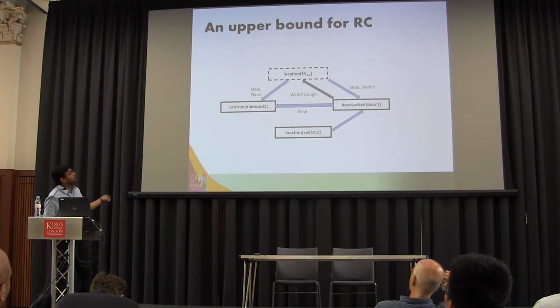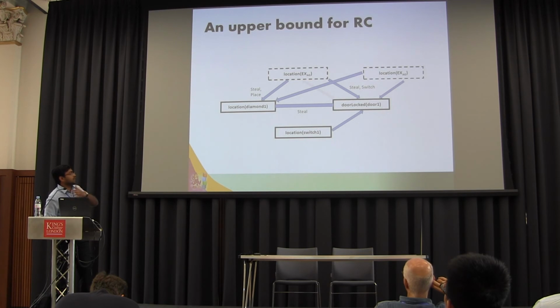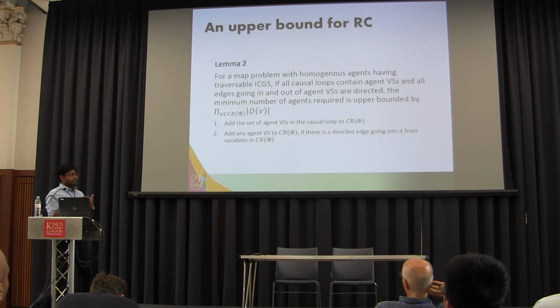But if we had one more agent, the walk-through action is no longer constrained on the door lock, because the second agent can open the door. So basically, what we found is that this upper bound on the number of agents required is equal to the product of the domains of each of the variables in the signature associated with the causal loop.